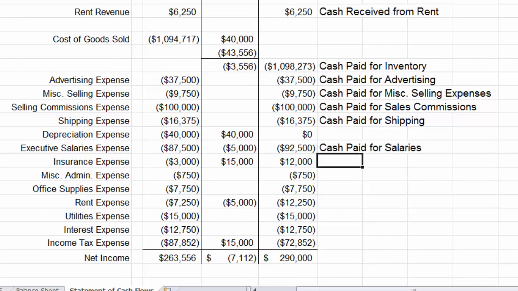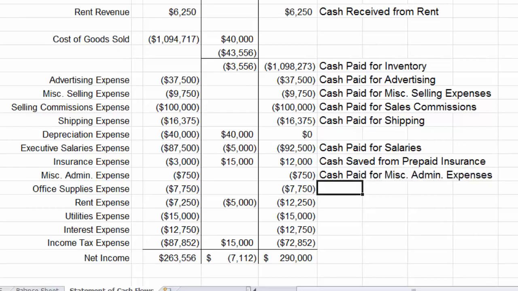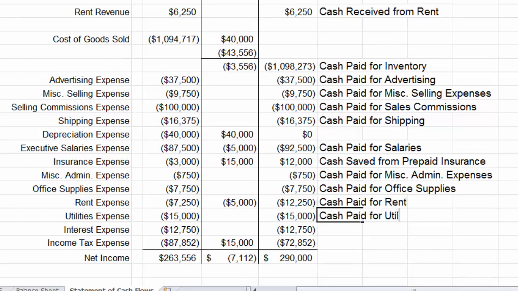You can make it executive salaries if you want to. Cash saved from prepaid insurance. Cash paid for miscellaneous administrative expenses. Cash paid for office supplies. Cash paid for rent. Cash paid for utilities.